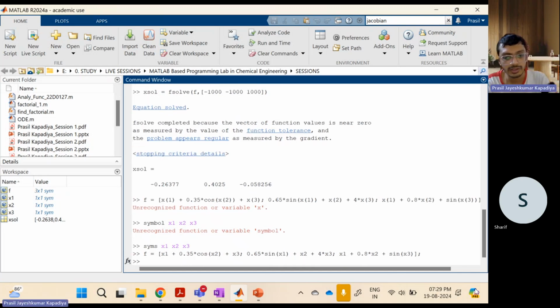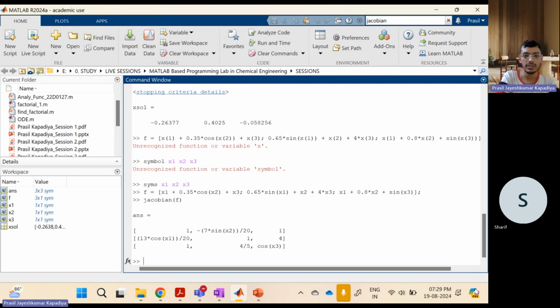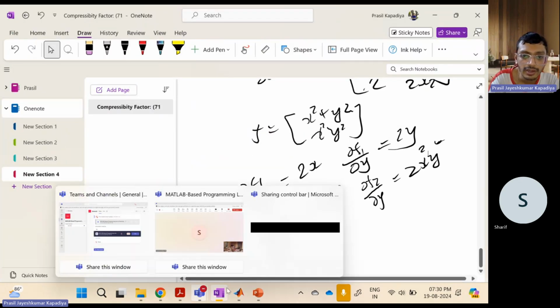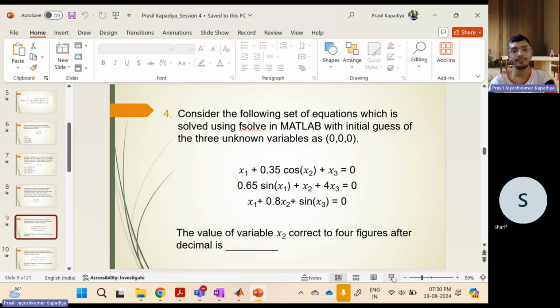So I have written my function and I'm calculating Jacobian of this function f. So see, this is the Jacobian that we are getting. If I am doing it on pen and paper, I will get the same answer. It won't change. Okay, now let's move ahead with the next problem.